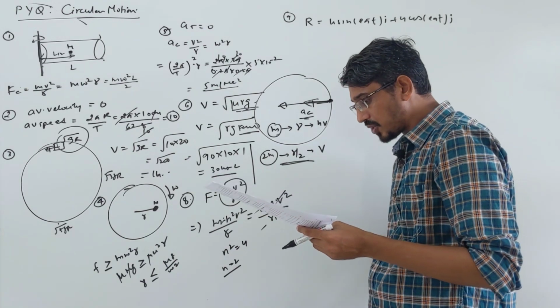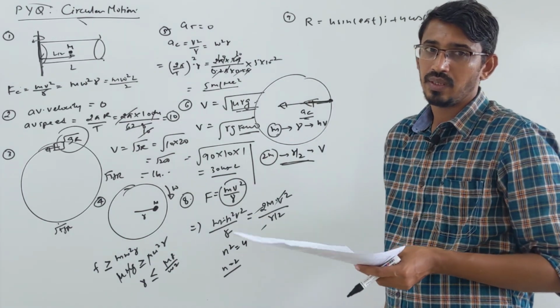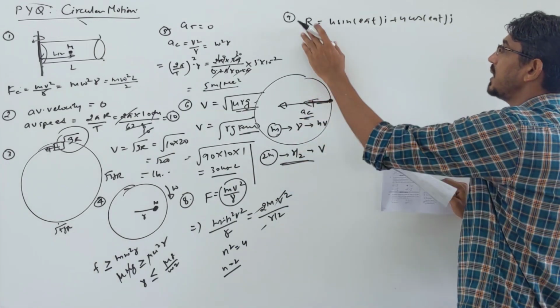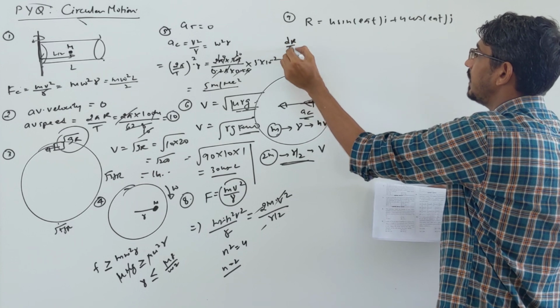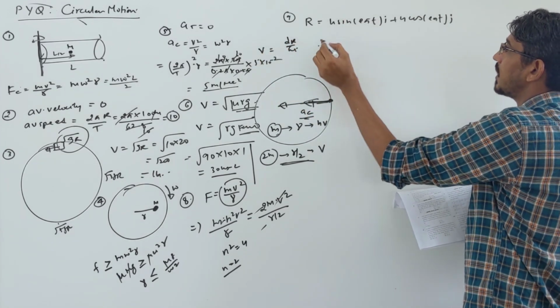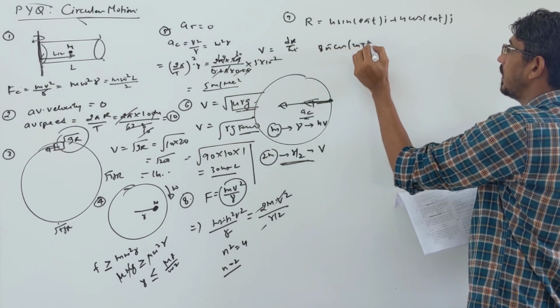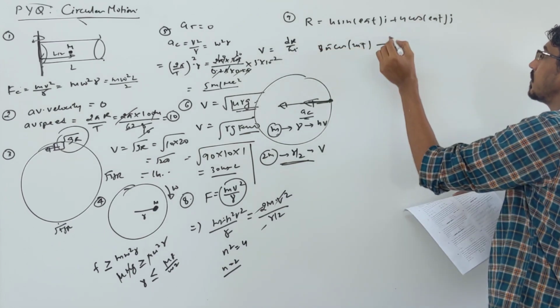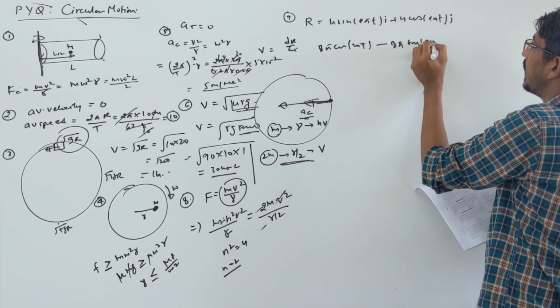Magnitude of velocity of the particle is 8 meter per second. What is the magnitude of velocity? The radius is given. If you differentiate the position, you get velocity, dr by dt. Velocity becomes 8 pi cos 2 pi t i and minus 8 pi sine 2 pi t j.